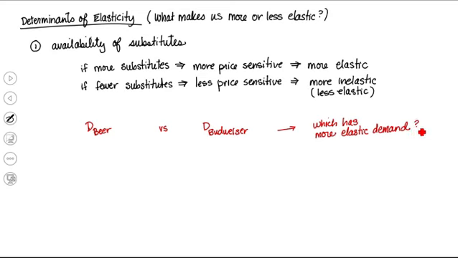Everyone take a second and look at that question. Which do you think has the more elastic demand? How many of you say beer? How many of you say Budweiser beer? How many have no idea?